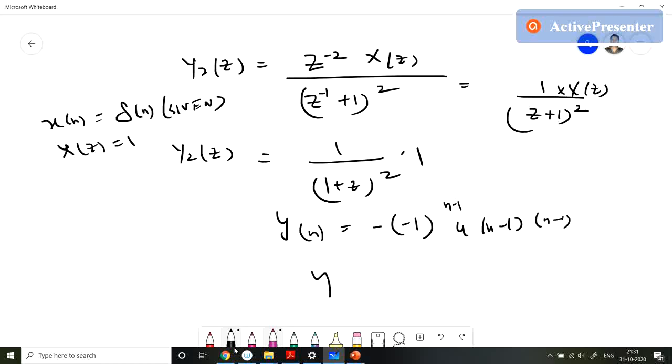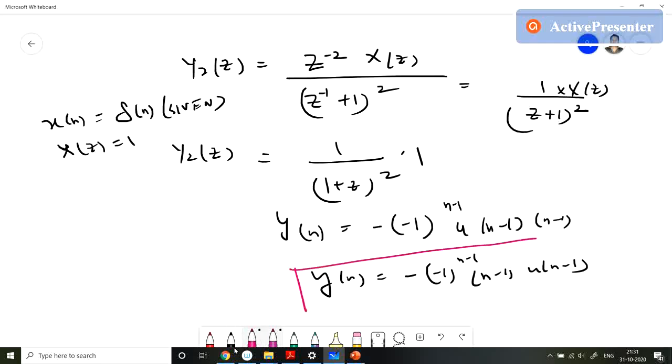So it is better to write it this way: minus of minus 1 to the power n minus 1, n minus 1, u(n minus 1). Please check this, we have solved this type of question earlier also. So this is our y2(n).